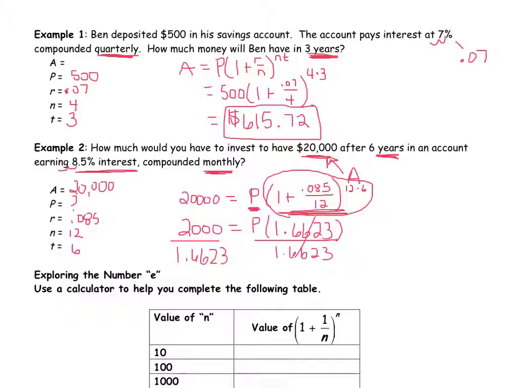So 2,000 divided by, you can do second negative sign to get the previous answer, and then hit enter. And so it looks like the original amount that I need to invest says 1,200.